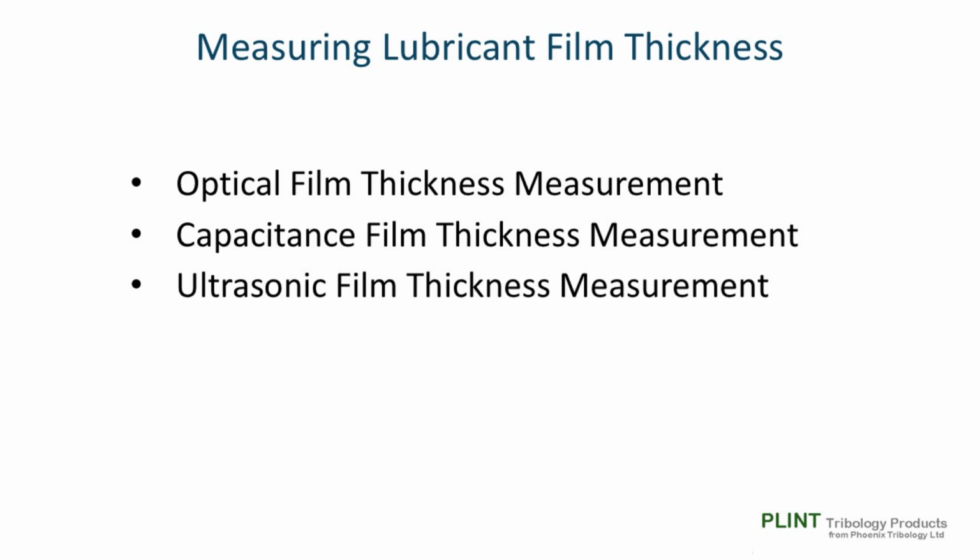Both methods require knowledge of the dielectric properties of the oil, and both are limited to producing only an average film thickness measurement. Ultrasonic sensors can be fitted to a stationary component in a rolling element bearing, typically the bearing outer race. Unlike the capacitance probe, there is no requirement to drill a hole in the bearing race.